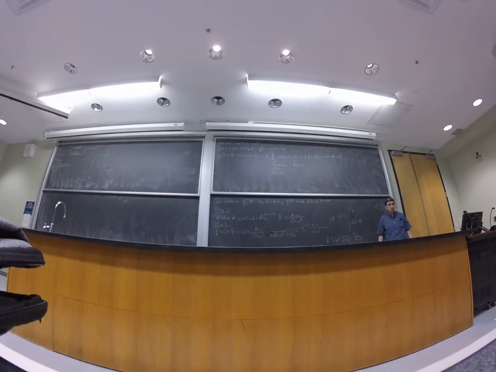Put s squared plus omega squared equals 0. What is s equal to? Plus or minus i omega. Right? Complex conjugate pair.